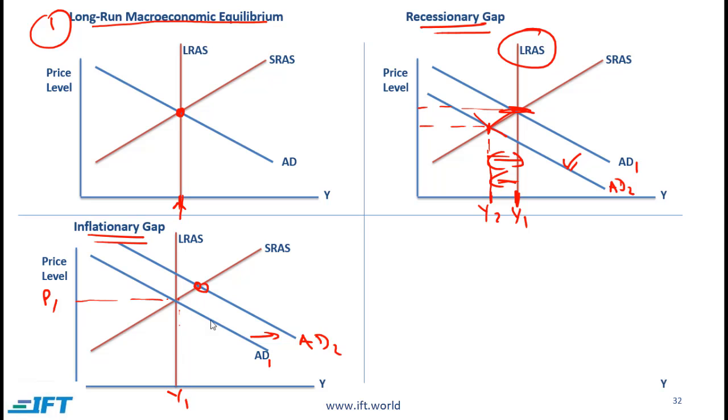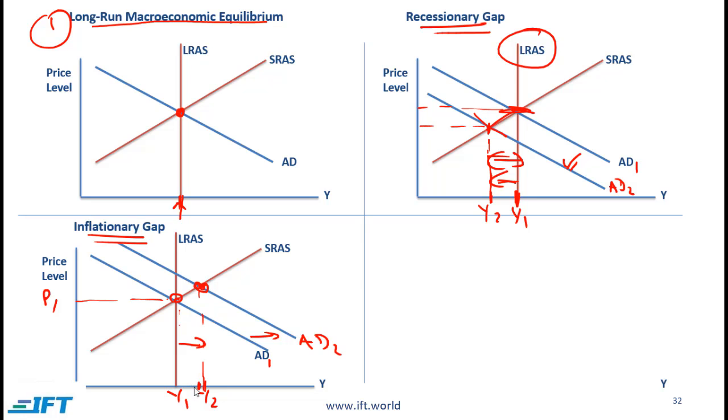The new short-run equilibrium is to the right of Y1. So now Y2 is to the right. And this is called an inflationary gap because this is putting upward pressure on price levels. Initially, as we go from point A to point B, price levels are increasing. That's a bad thing, but output is going up.